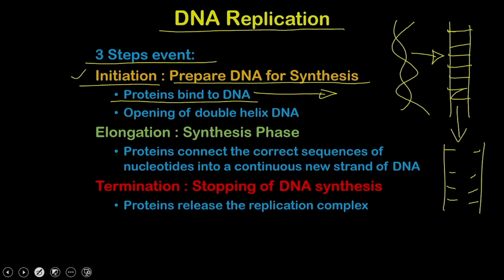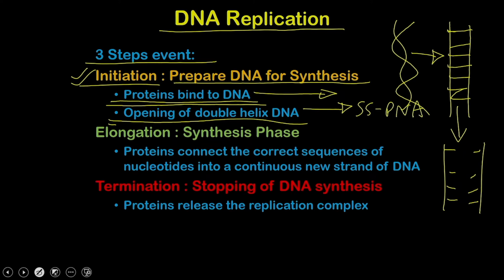Those are the events happening in the initiation stage. So, in the initiation stage the protein will bind to the DNA, and there will be an opening of the double helix DNA, so that single stranded DNA is generated.